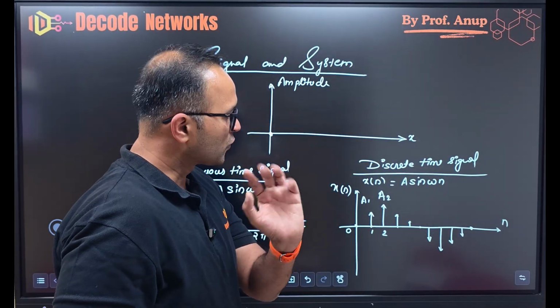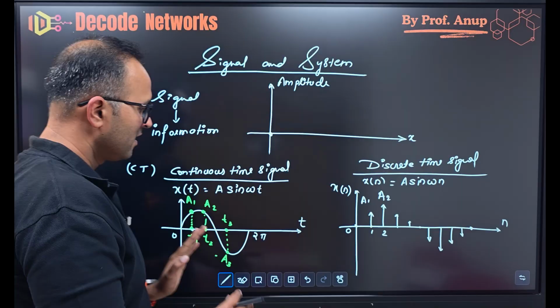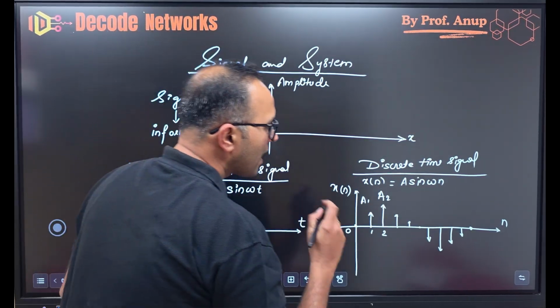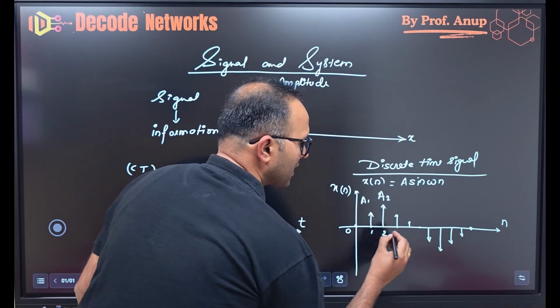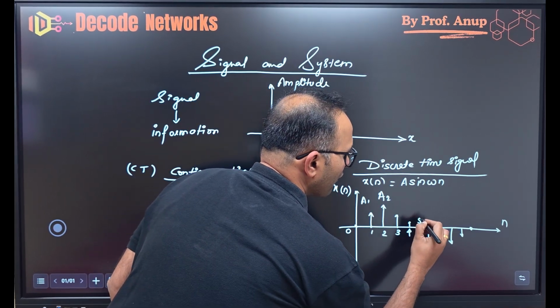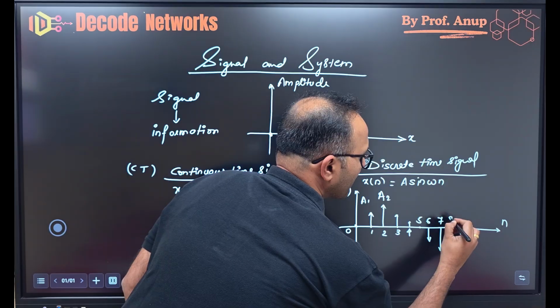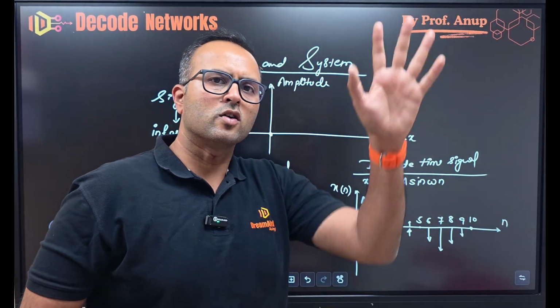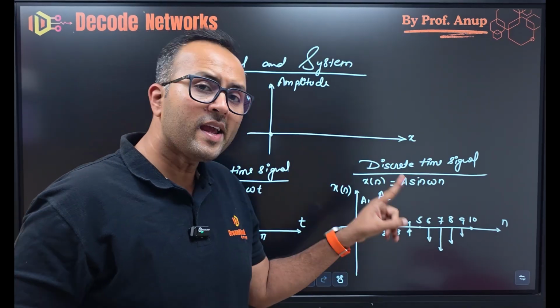What I'm trying to say, students, is that the shape of the sinusoidal signal is the same, but you have recorded only at discrete times, that is 3, 4, 5, 6, 7, 8, 9, 10. In the similar way, you can go till the end of your signal, but only at discrete time.